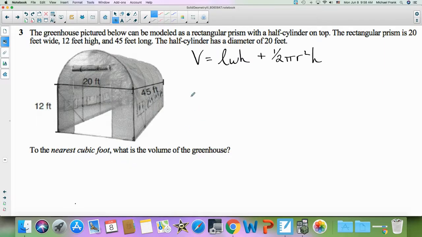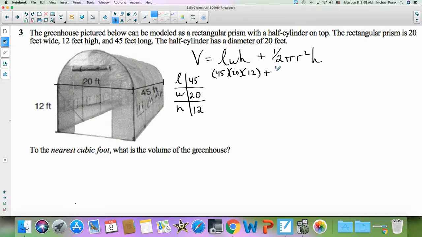That's pretty straightforward. So here, let's take a look. The length, the width, and the height of the rectangular prism are all given to us. The length is 45, the width is 20, and the height is 12. So we can just get that substituted in here: 45 times 20 times 12.